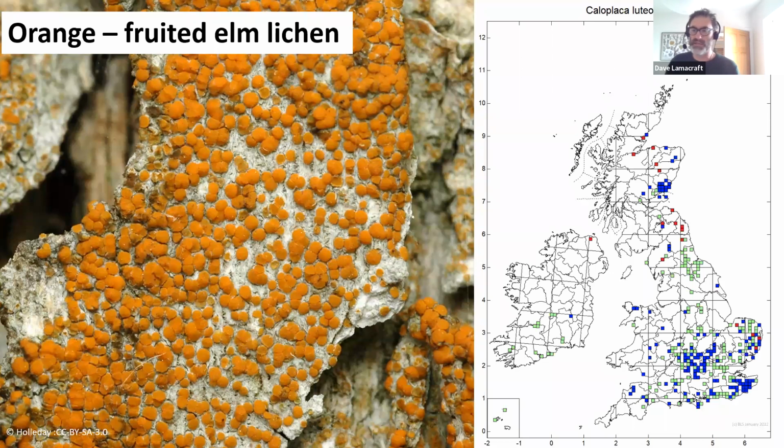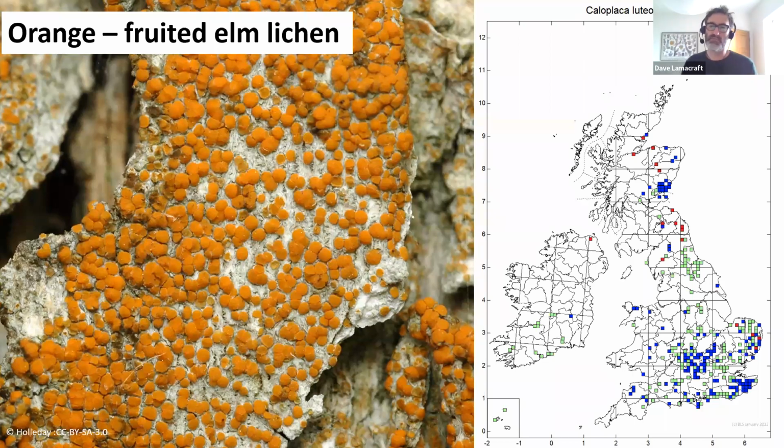The map on the right here is data from the British Lichen Society from Britain and Ireland, and it's 10 kilometre grid squares. The pale green are records up to 1959, the blue are records from 1960 through to 99, and the red squares are post-2000 records. So that really shows how widespread it used to be.